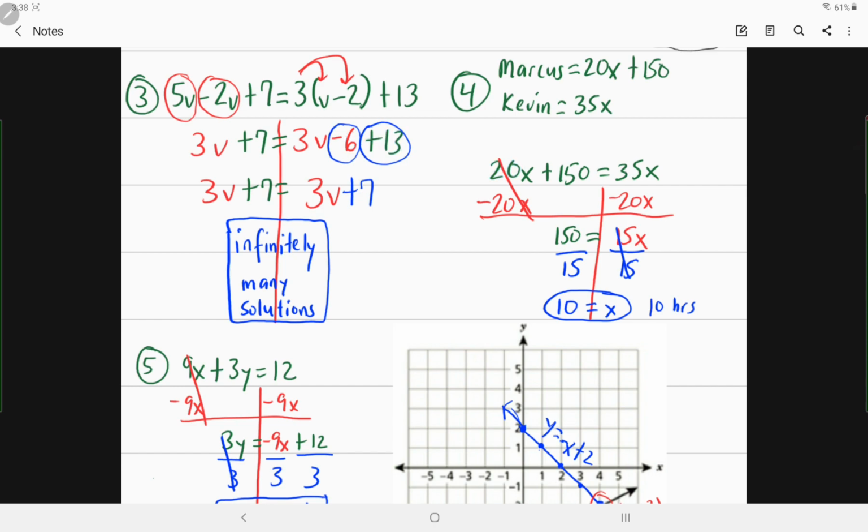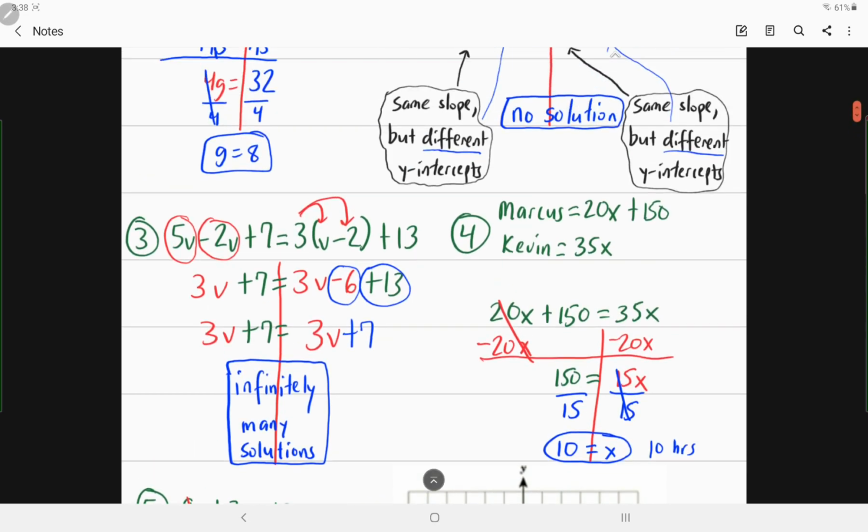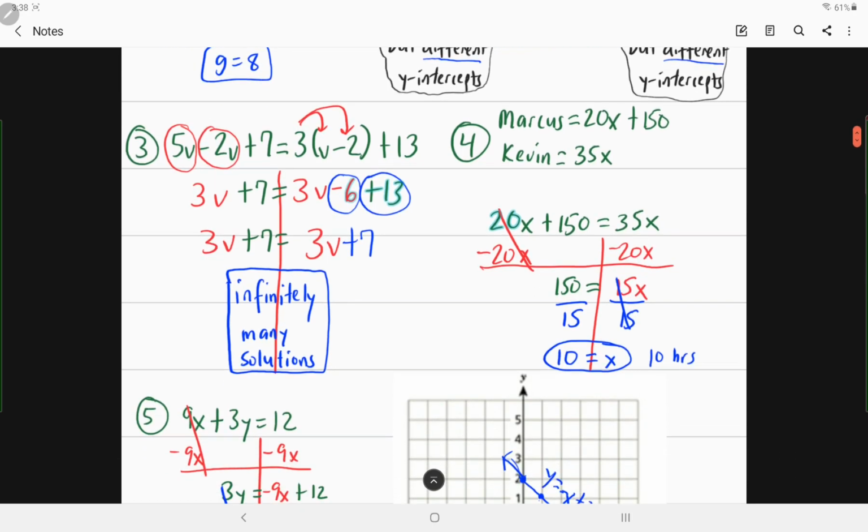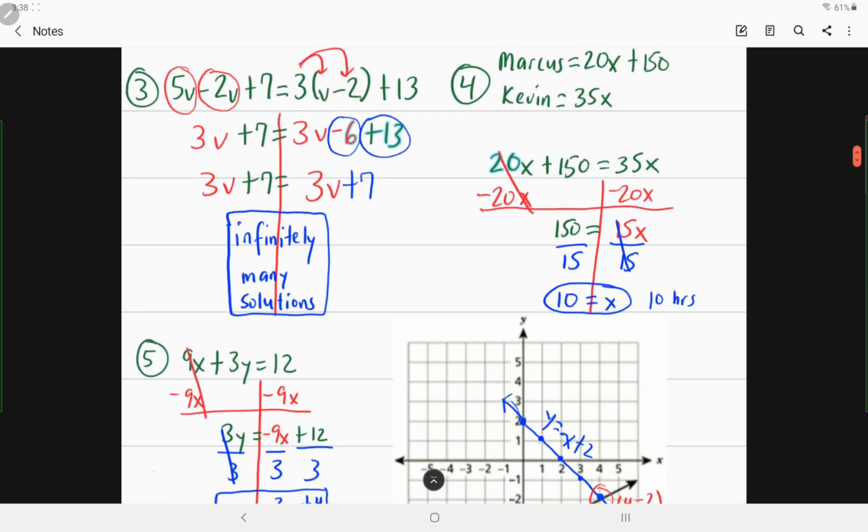All right, number 4, we have Marcus and Kevin. It gives you a little bit of information about the rates that they charge as landscapers. Marcus's expression would be 20x plus 150, and Kevin's would be 35x.